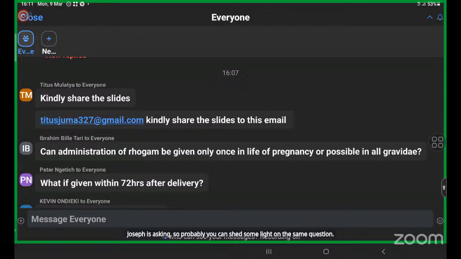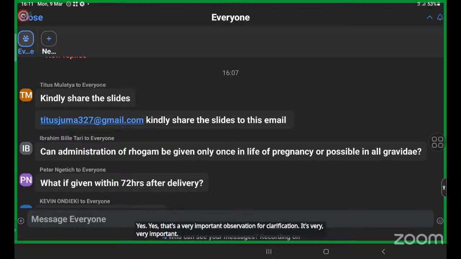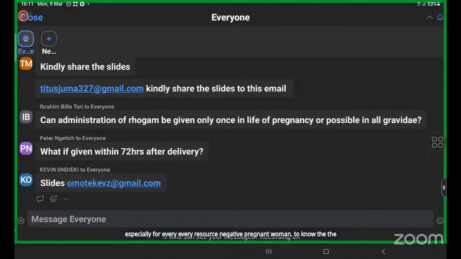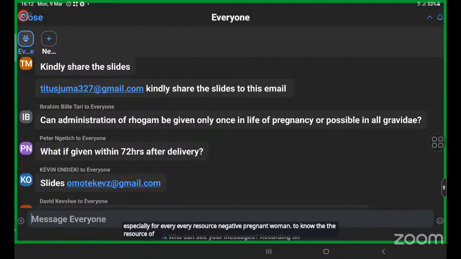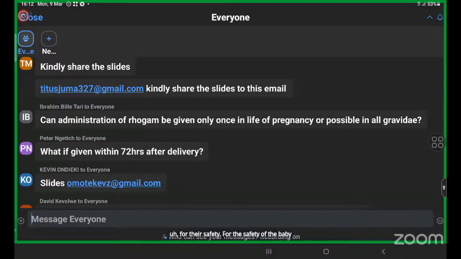Yes, that's a very important observation. It's very, very important, especially for every rhesus negative pregnant woman to know the rhesus of her husband, for their safety, for the safety of the baby and the safety of the mother.